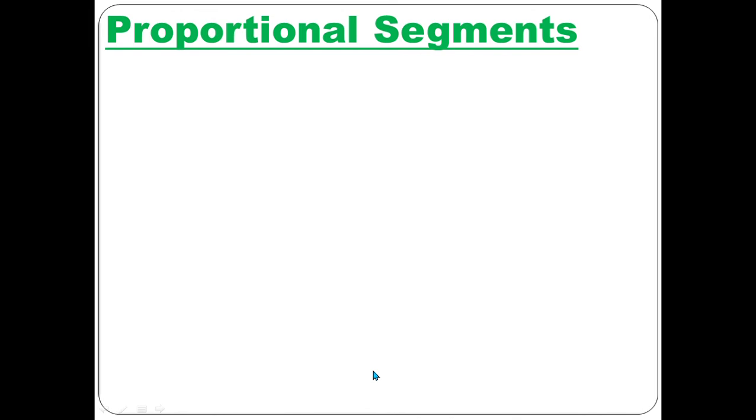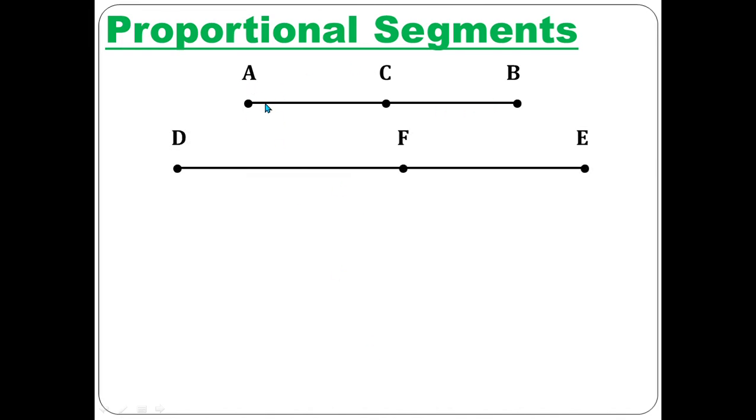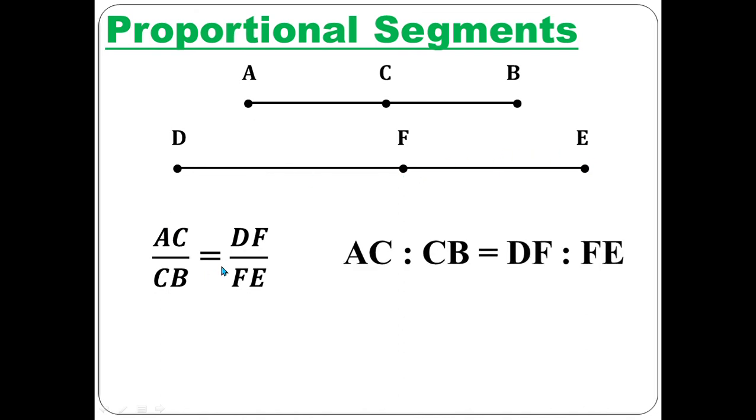So, meron tayong idadagdag, the proportional segment. Pag sinabi nating segment, ito, proportional segment. We have here segment AC over segment CB, so that is a ratio, is equal to segment DF over segment FE. Or, we can also write it as AC is to CB is equal to DF is to FE.